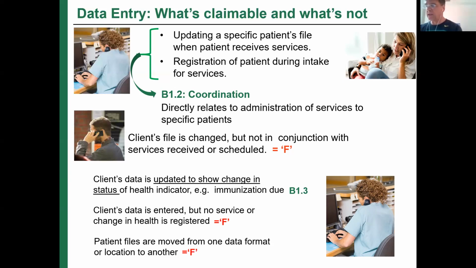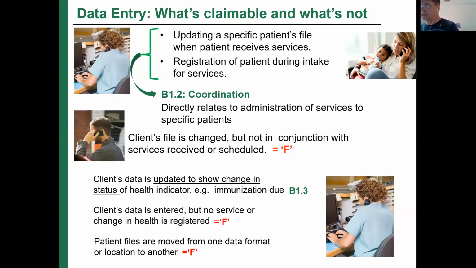Similarly, moving data from one place to another, like reorganizing files or changing data from one format to another, like digitizing paper records, is not claimable. Again, no clients are being connected to services during this process. Both of these types of activities will be coded F.